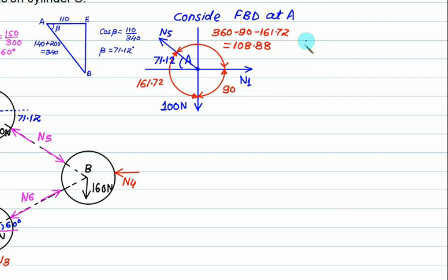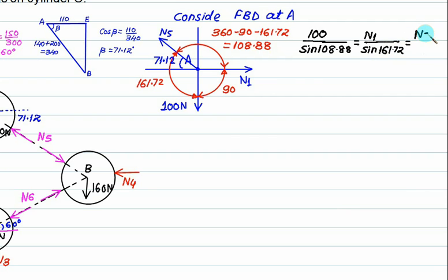In this theorem, we'll start with 100. 100 divided by, if you want to write 100, you write the angle between N1 and N5, and that angle is 108.88. For N1, you write the angle between the other two forces, that is 100 and N5, so this one is sine of 161.72.